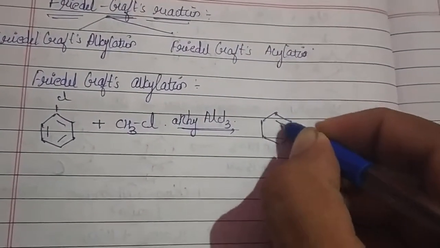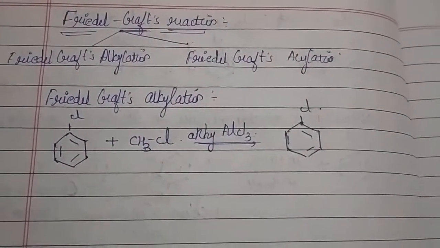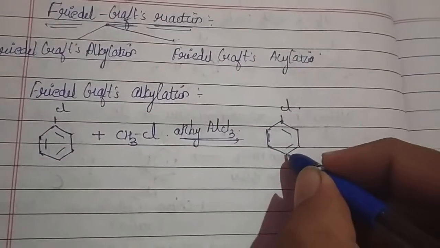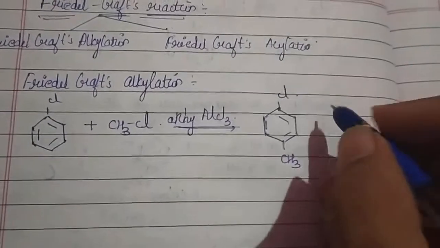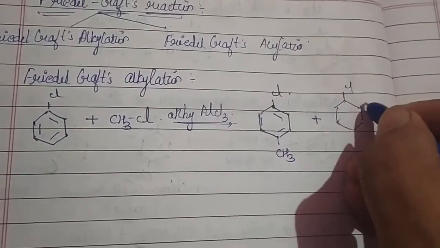So we know that our halogen will be retained, but whatever the electrophile is, it is going to attack the para and the ortho positions. Here we get CH3 in the para position, and over here we get our methyl group attacked in the ortho position.